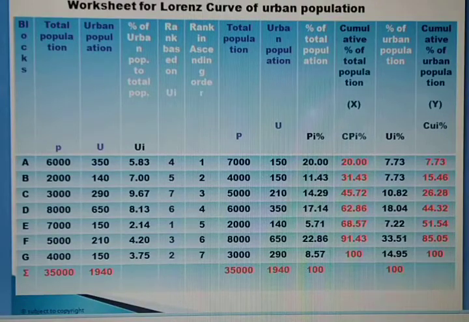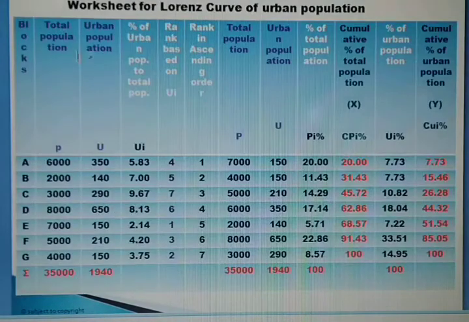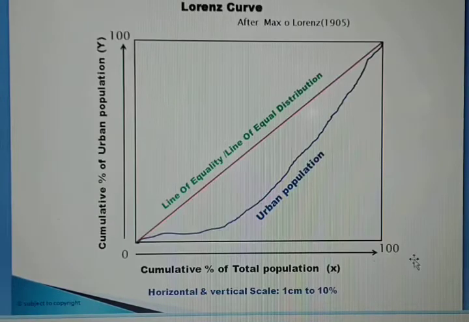Another thing to keep in mind is to always put the frequency in the y column of the graph. Suppose here you can see this is total population and this is urban population, so this is the frequency. So if the data is given as some groups and the frequency, in such cases you have to put the frequency in the y column.